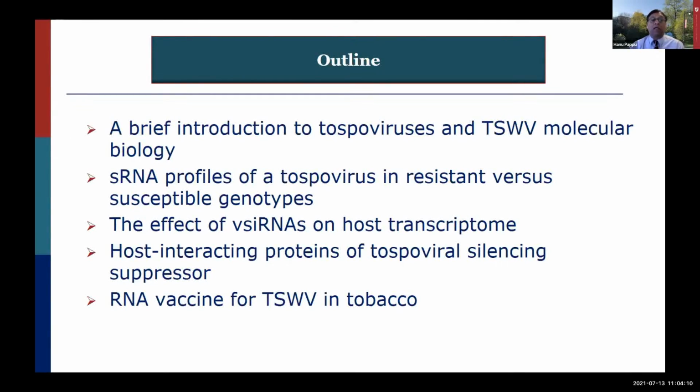And then I will talk about how the host responds to TSWV infection. I will conclude with an ongoing collaborative project with one of the speakers in this symposium at UGA, Dr. Sudeep Bagh, about developing RNA-based vaccines for TSWV using tobacco as a model system and how it is now being extended to peanut.